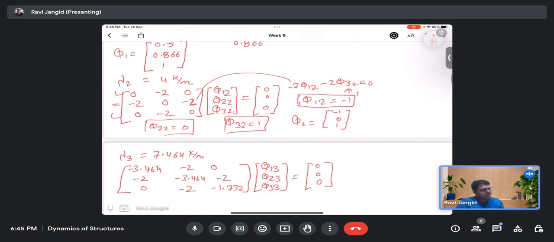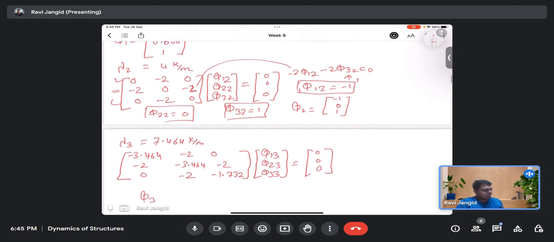And if you solve this, your φ3 will be coming out to be 0.5, minus 0.866, 1.